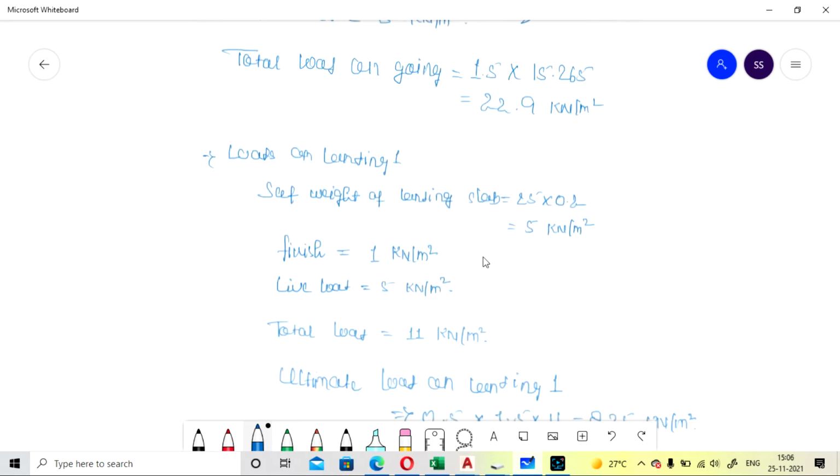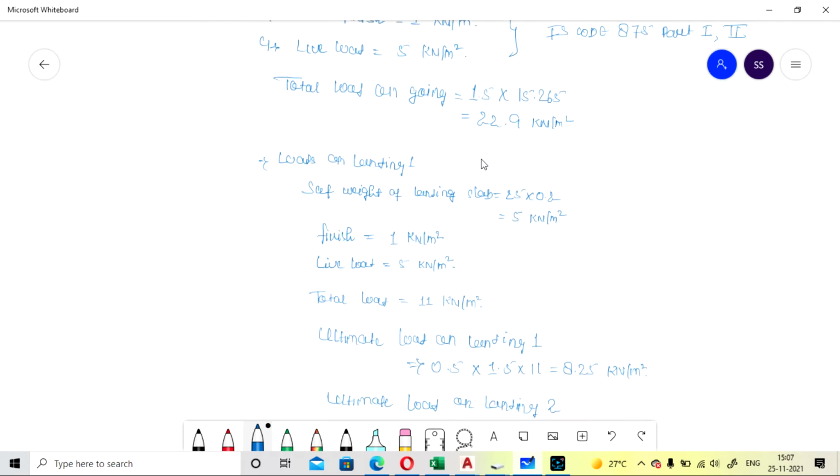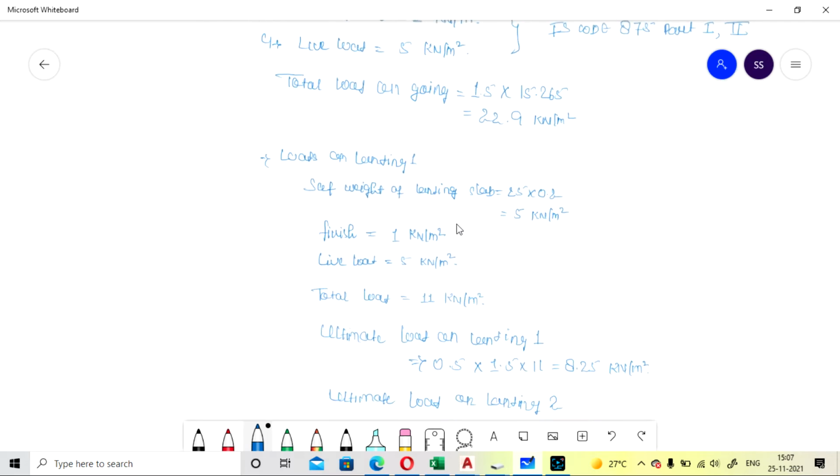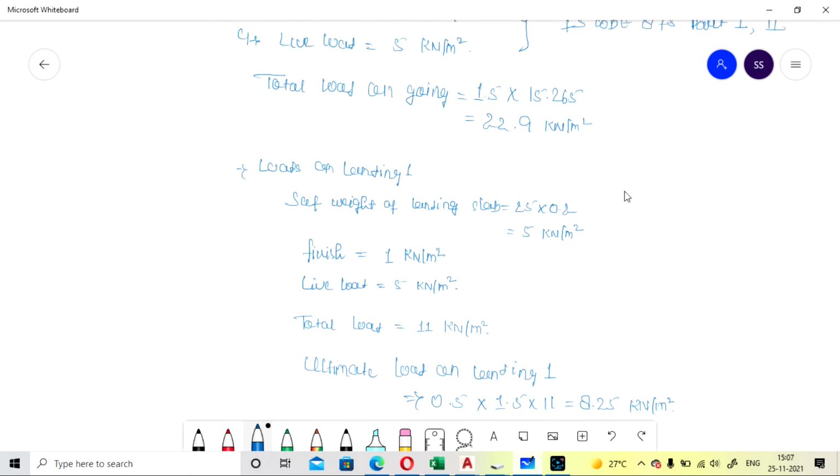Now we are going to calculate for the landing one, that is the floor level beam, oh sorry, landing. So the self weight for the landing slab: we already considered the landing width as 0.2 meter, that is 200 mm.